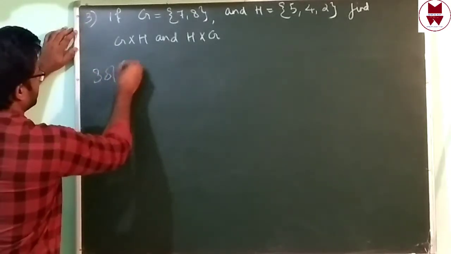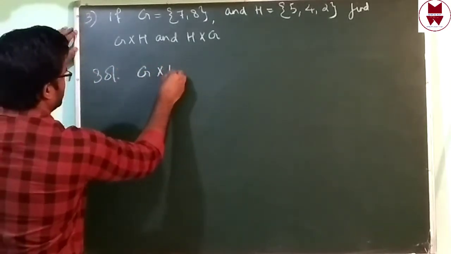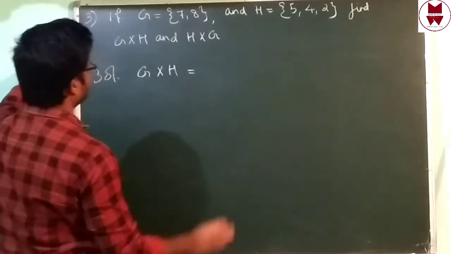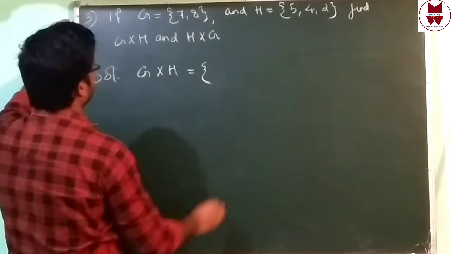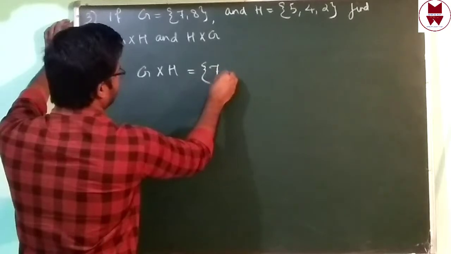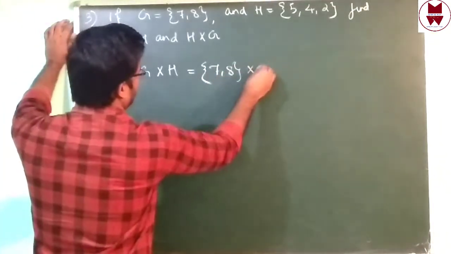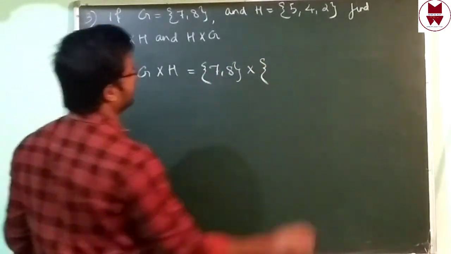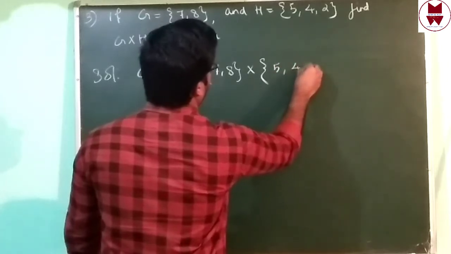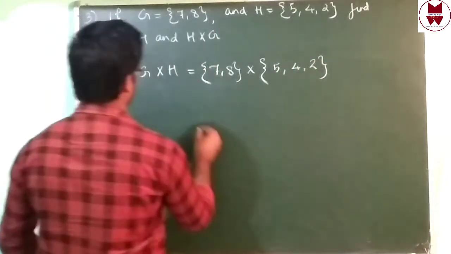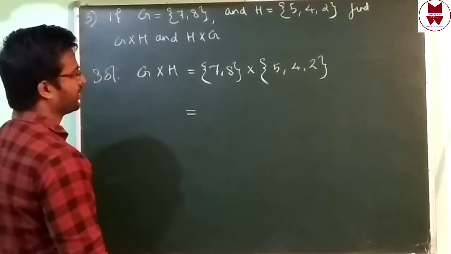First we can do G cross H. G means set 7, 8, and H is set 5, 4, 2. How can I write?